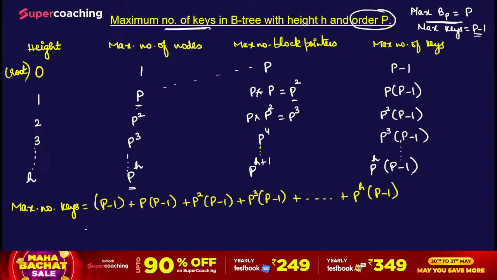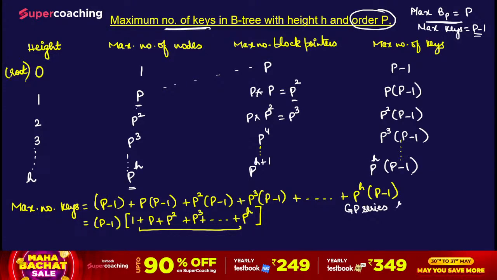Now from all these terms we can take P minus 1 common, and this results in 1 plus P plus P square plus P cube and so on up to P raised to power h. This is a GP series with the common ratio P. Common ratio is represented by r, so that is P.